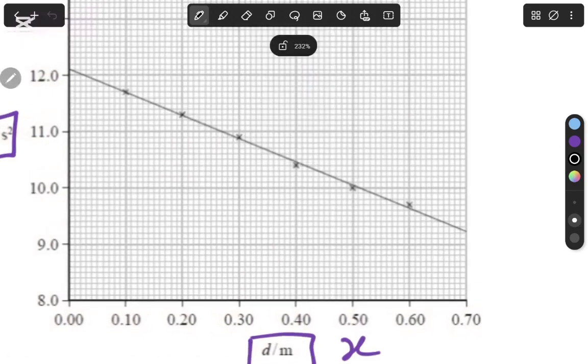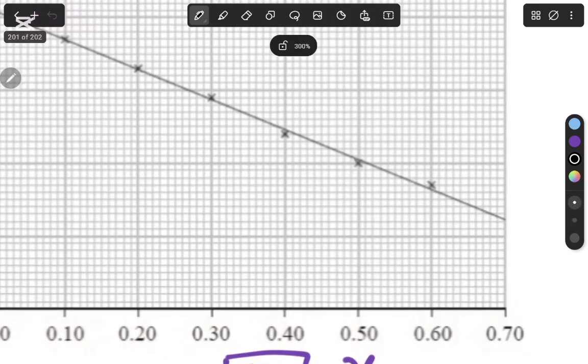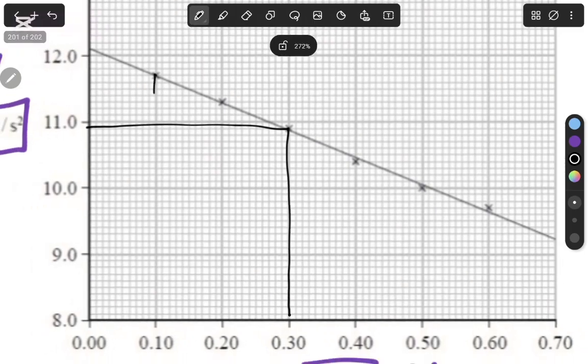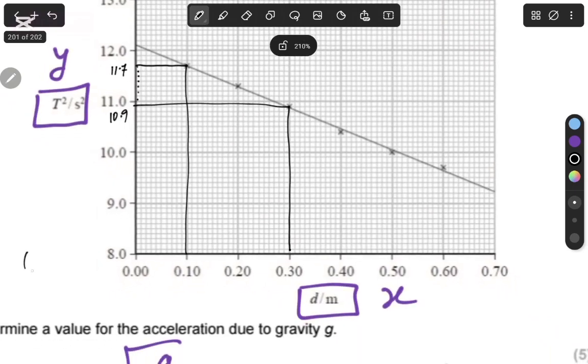So let's take two values. Okay, it's not the best visibility. Let's use this value, and then let's use this one. 1, 2, 3, 4, 5, 6, 7. So 11.7 and then 10.9. Alright, that's good enough.